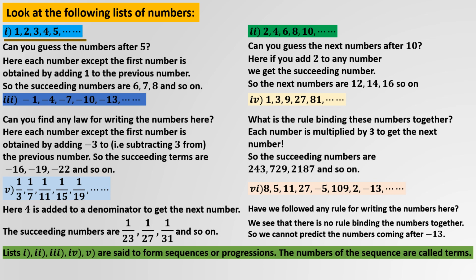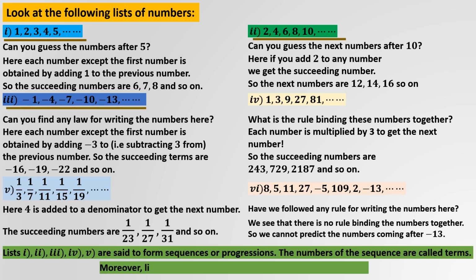Now look at these lists 1, 2, 3. These lists are said to form arithmetic progressions. Now, what is an arithmetic progression?